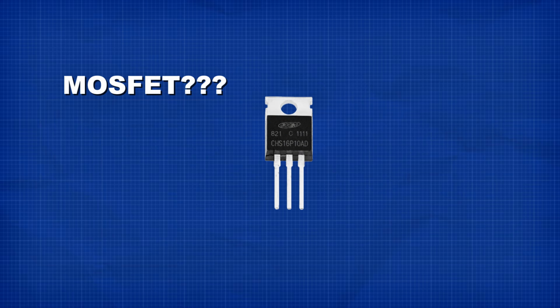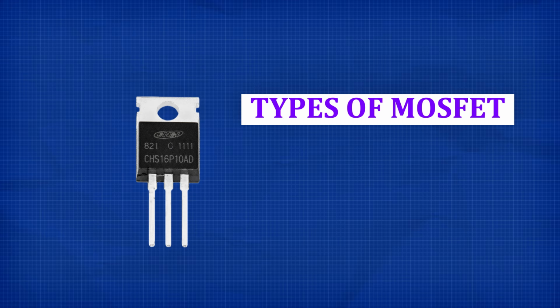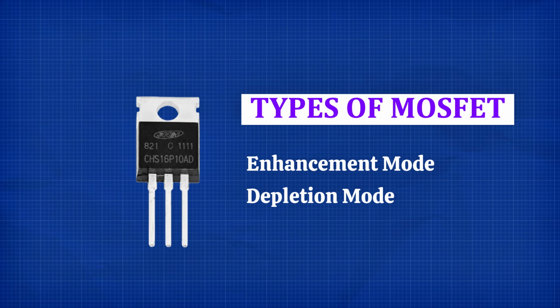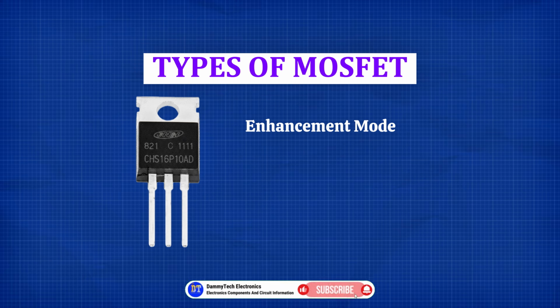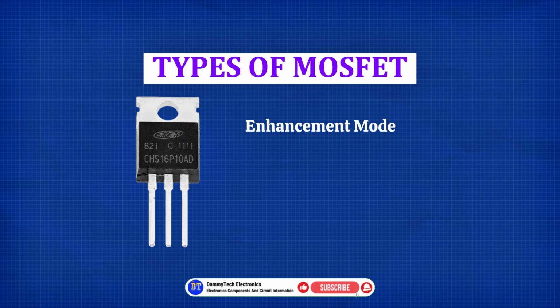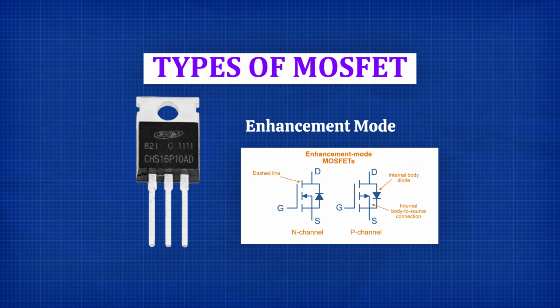Okay, now let's talk about the most common types of MOSFETs. Although there are different classifications, the 2 main operating modes you must understand as an electronics engineer are enhancement mode and depletion mode. Let's start with the most common one, enhancement mode, also called e-MOSFET. This is the one you will use most of the time. In an enhancement mode MOSFET, when there is no voltage applied to the gate, the device is off.